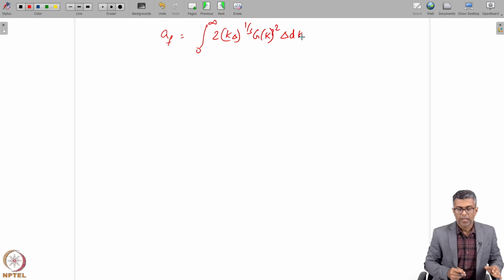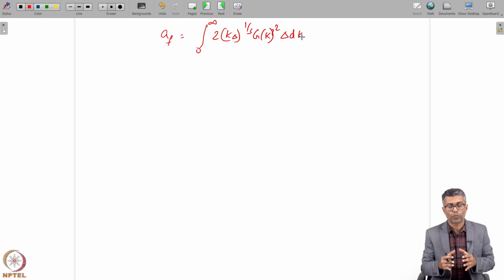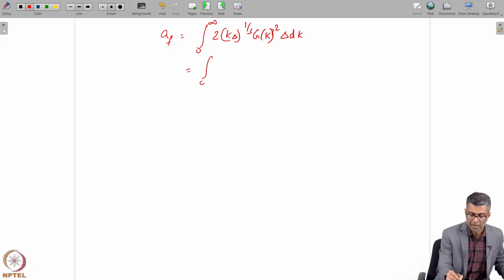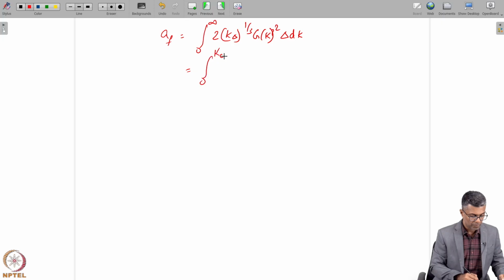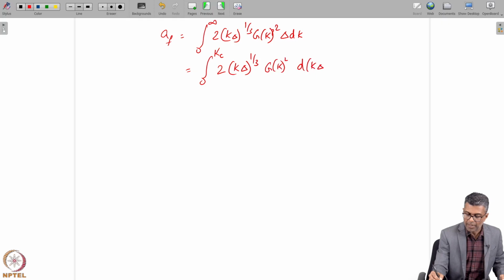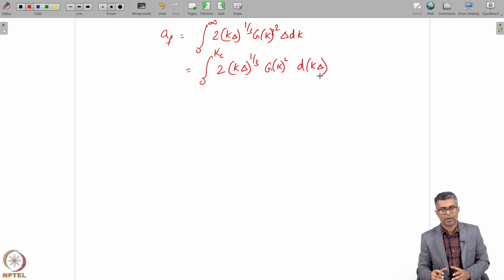Now we know that we are choosing the filter width such that it ends at the cutoff wave number. So we don't need to integrate to infinity. We can just have 0 to kappa c. I can combine all this kappa delta to the 1/3, G of kappa squared delta and d of kappa delta. So my new variable is kappa delta.